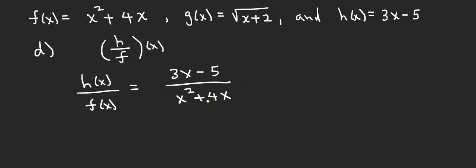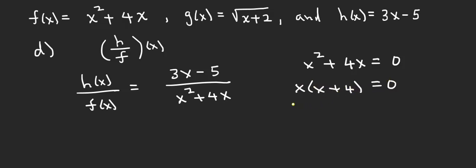Well, you need to worry about when the denominator goes to 0. So the denominator goes to 0 when x squared plus 4x is equal to 0. So take out the common factor and set it equal to 0. So you end up getting x equals 0 or x equals negative 4. So the domain is all real numbers except x equals 0 and x equals negative 4.